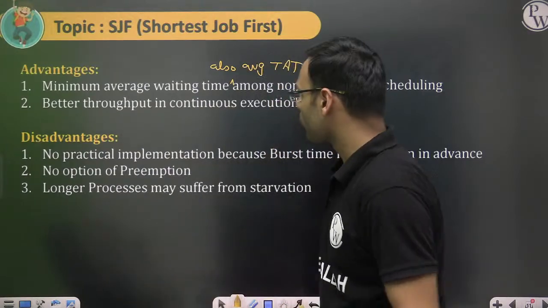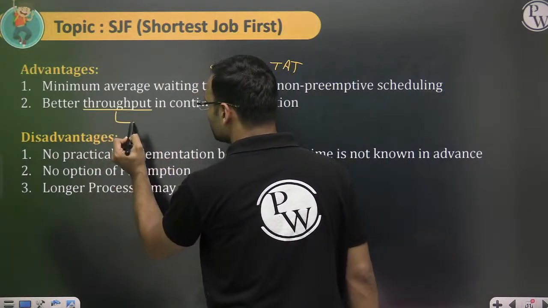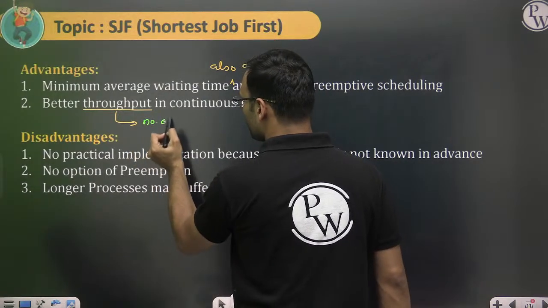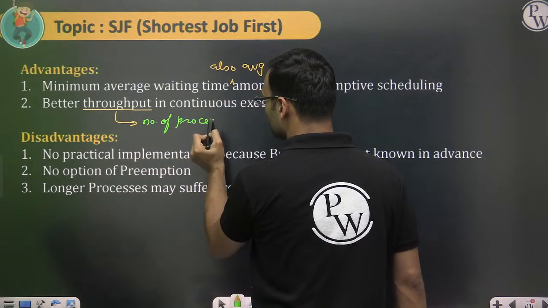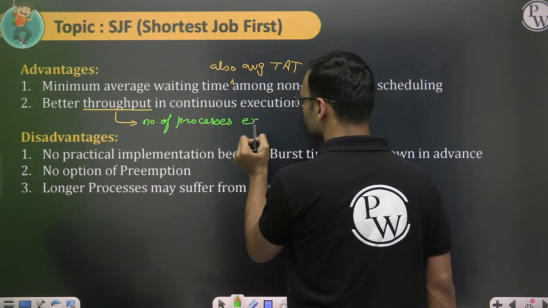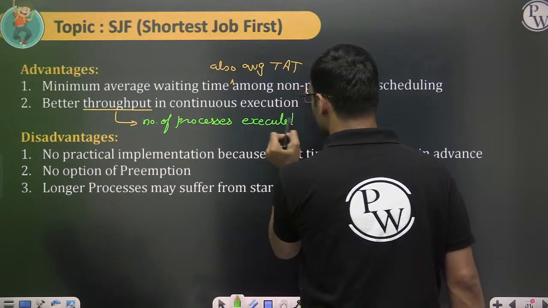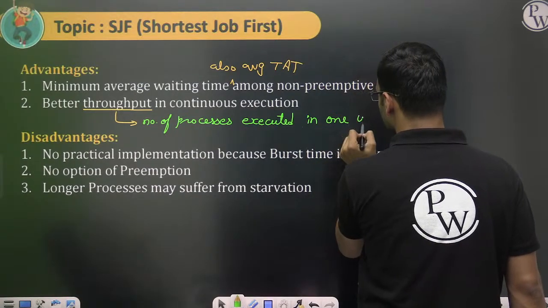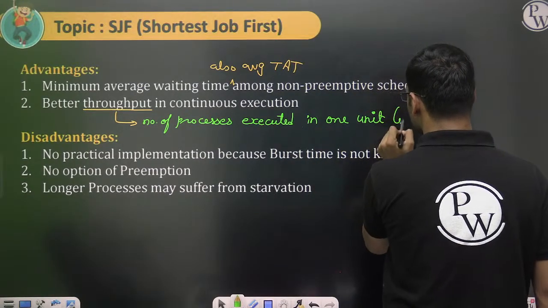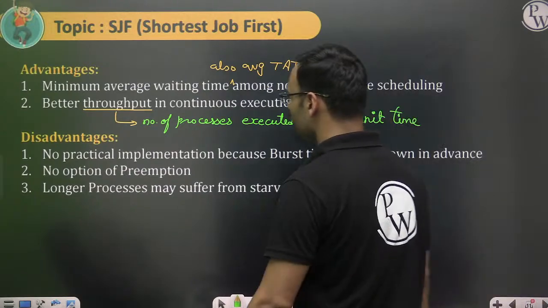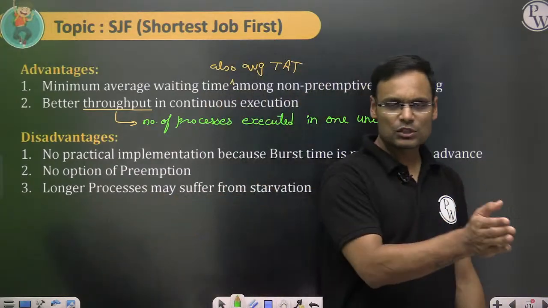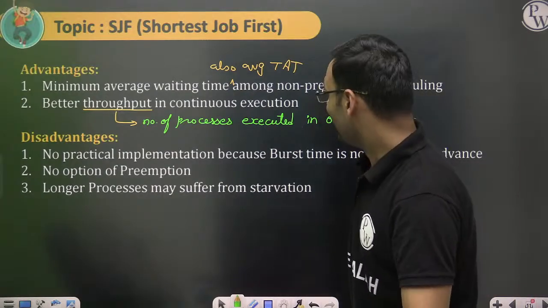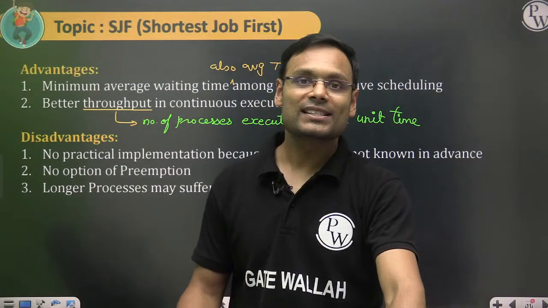Throughput is nothing but the number of processes executed in 1 unit time: 1 hour, 1 second, 1 minute, like this. So if you run smaller processes first, you can execute more processes in less time. And that is what gives us an idea.